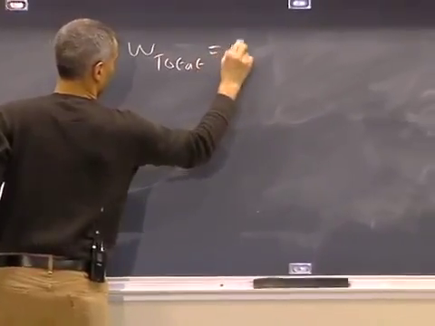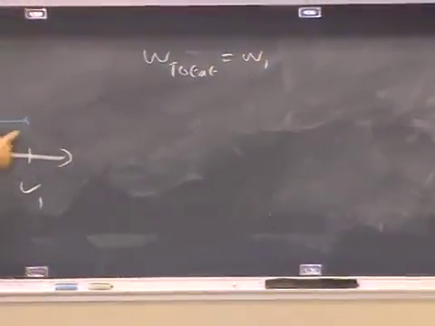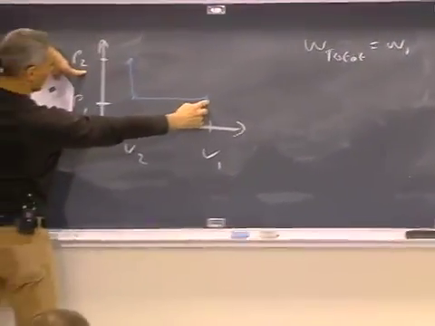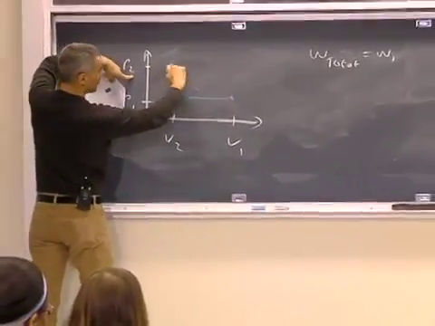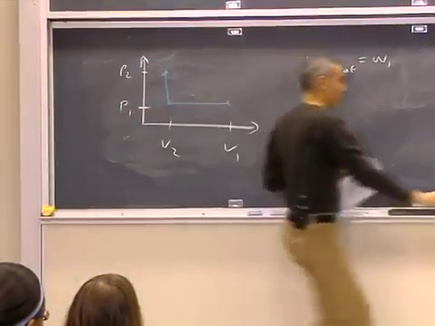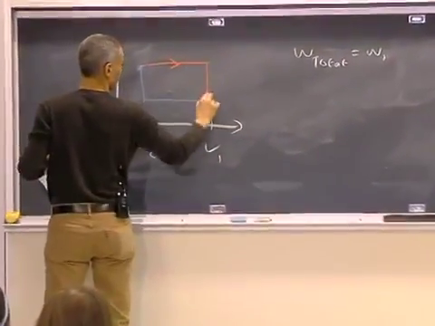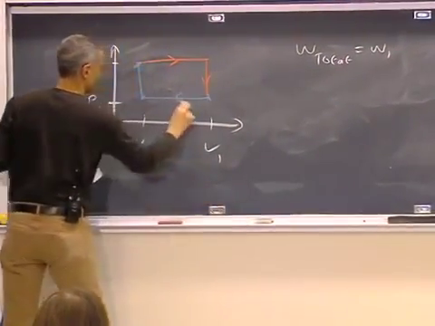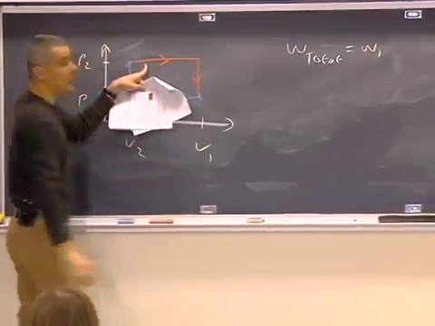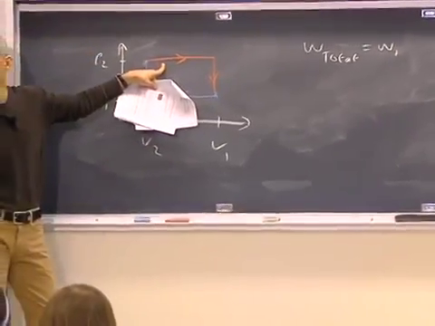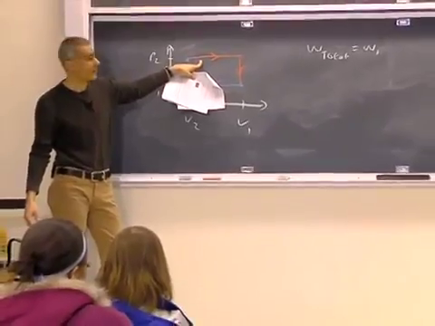And then instead of the path from V1 to, from 1 to 2 going like this as we had before, I'm going to take it backwards. Okay. If I go backwards, everything is symmetric. The work becomes the negative of what I had calculated before.